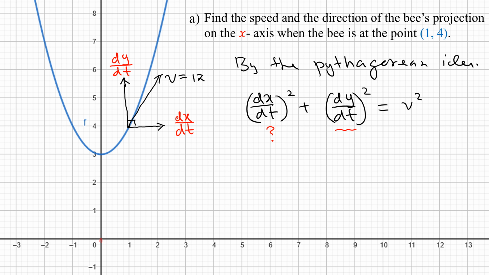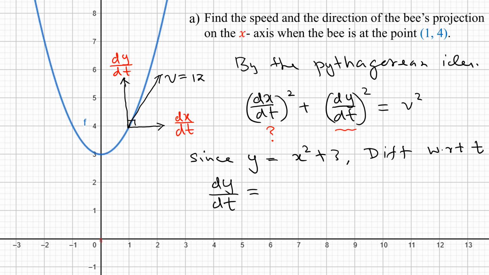Since y equals x squared plus 3, we can differentiate this with respect to time, with respect to t. We can write this as dy over dt.